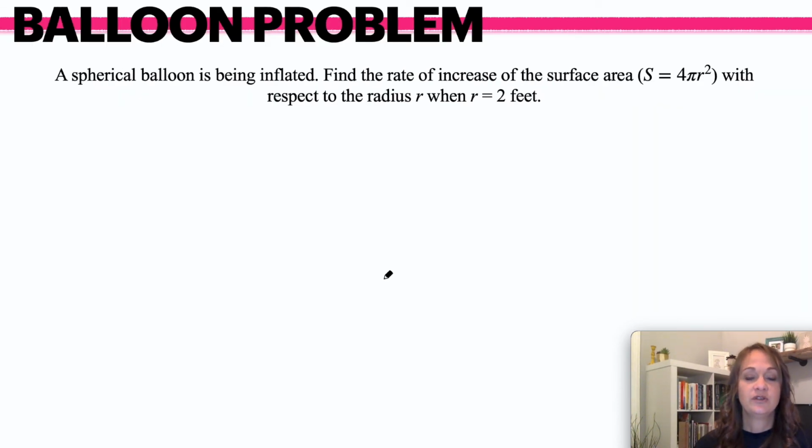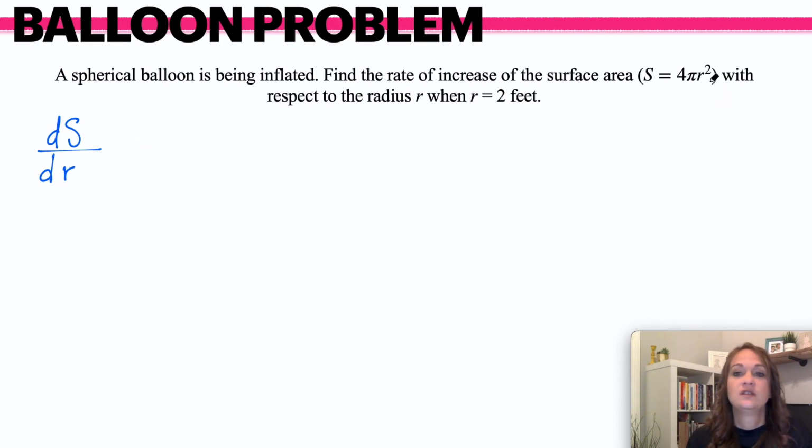A spherical balloon is being inflated. Find the rate of increase of the surface area. So we're going to find the derivative of the surface area with respect to the radius, in this case, at the point of 2. The derivative of 4 pi r squared: well, 4 pi is a constant, and the derivative of r squared is 2r.